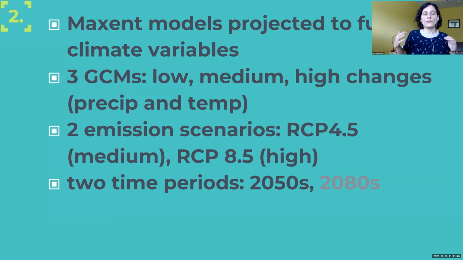So you can think of RCP 8.5 as business as usual. We don't change anything. Where are we going to be towards the end of this century? This is not something that I do at all. Again, we just download these climatic variables that are modeled with these global circulation models under different emission scenarios.